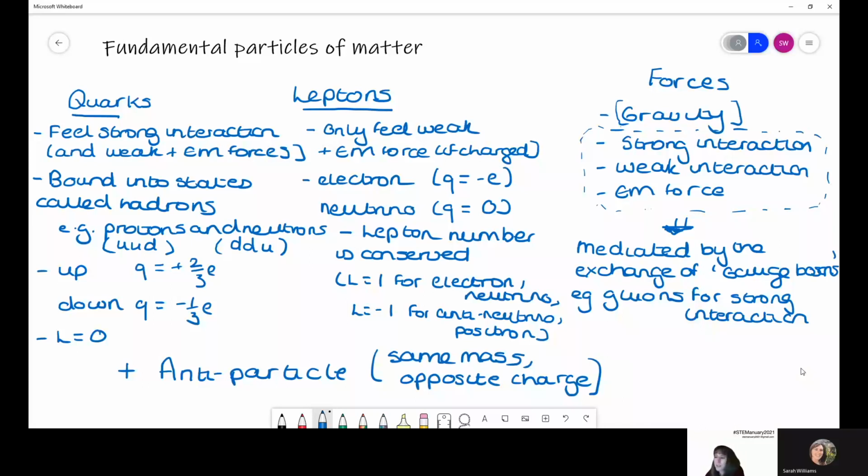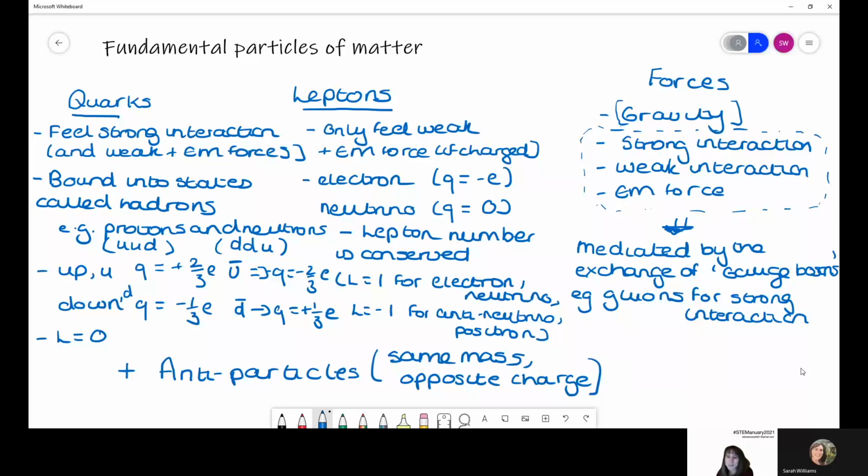So if I call my up U and my down D, you can consider an anti-up, which has a charge of -2/3 times e, and an anti-down, which has a charge of +1/3 e. And antiparticles are often also important when trying to balance equations for reactions between particles.